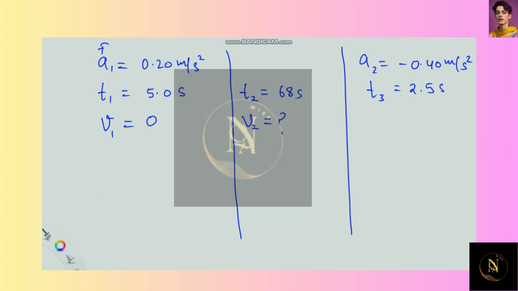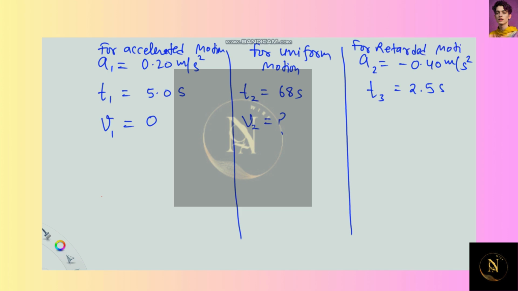This is accelerated motion, then it will be for uniform motion, and then finally it will be for retarded motion.